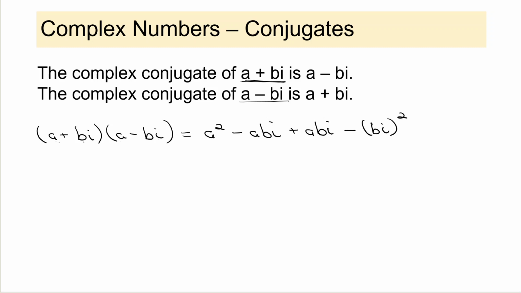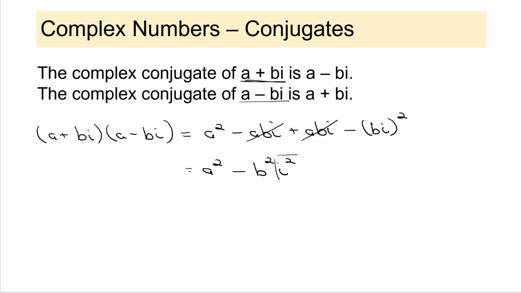So as we knew was going to happen, the abi's zero out, and that leaves us with an a squared minus, and I'm going to go ahead and distribute the exponent.